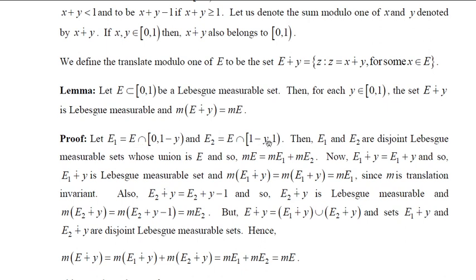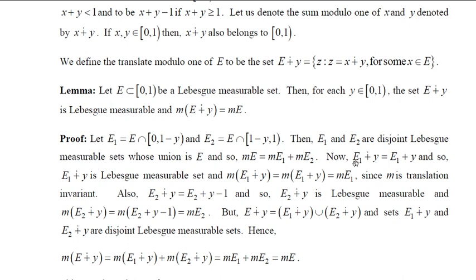So these two sets are disjoint in fact, and further their union is E, and so the measure of E is the measure of E1 plus the measure of E2, because E is the union of E1 and E2, and these two are disjoint. By the earlier results, the measure of E will be equal to the measure of E1 plus the measure of E2.